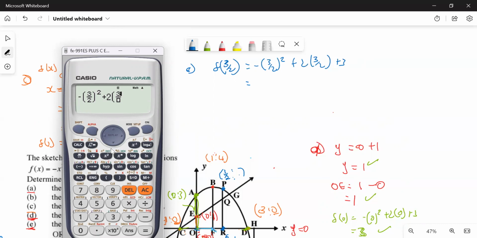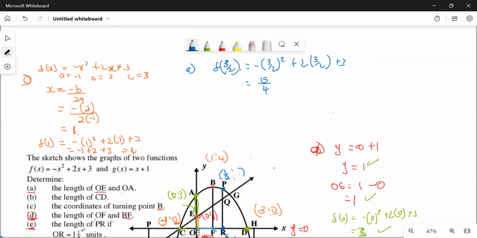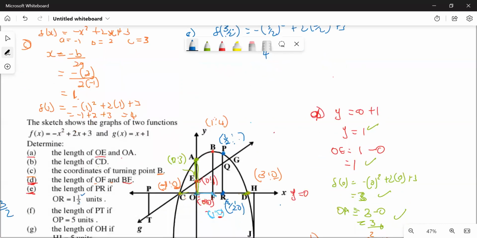What do we get, Jane? I got 15 over 4. You got 15 all over 4. Okay, let's just confirm it here. It's 15 all over 4. So what is going to be the length of PR then? 3.75 units. 15 all over 4.